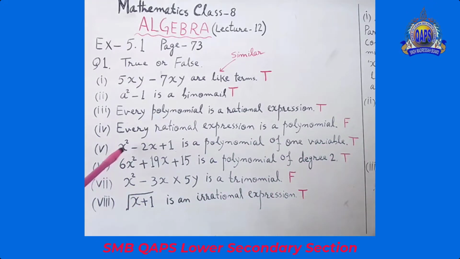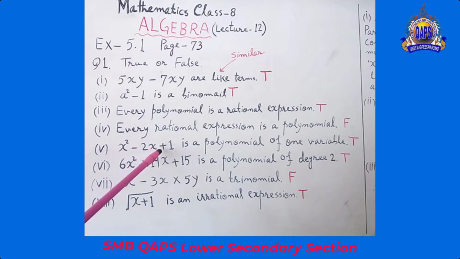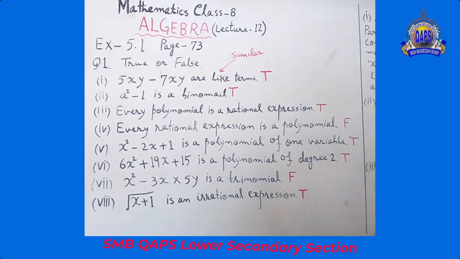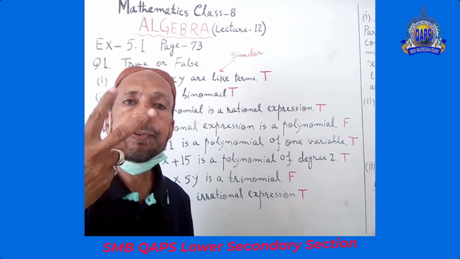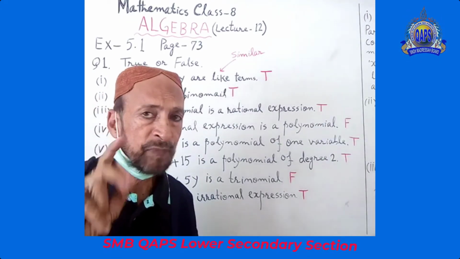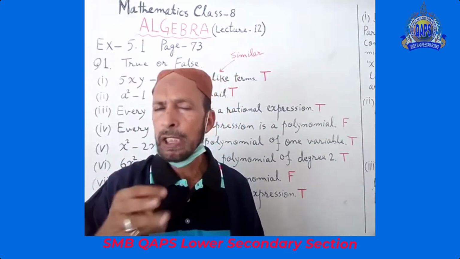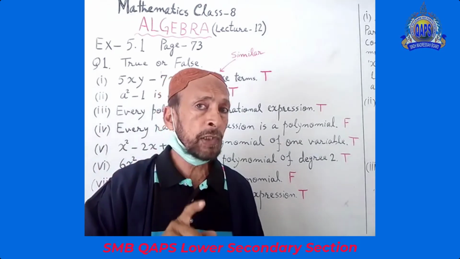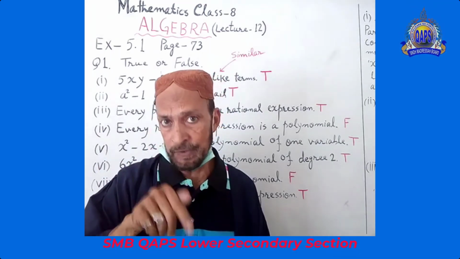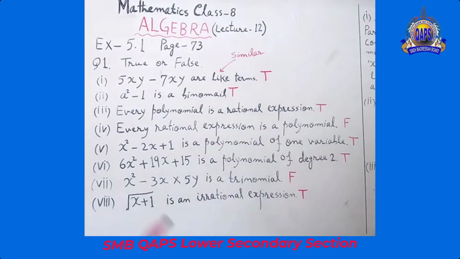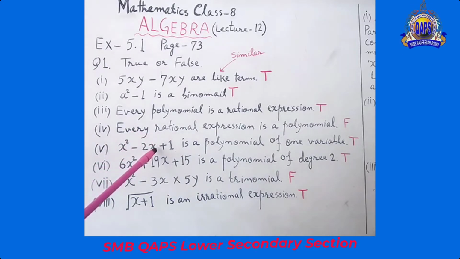If I will say y minus 2x plus 1, that will be two variables. You understand what I am saying? All the English letters from A to Z, A, B, C, D, etc., they are called variables in mathematics. Understand that? So, here we have x, and also we have over here x.